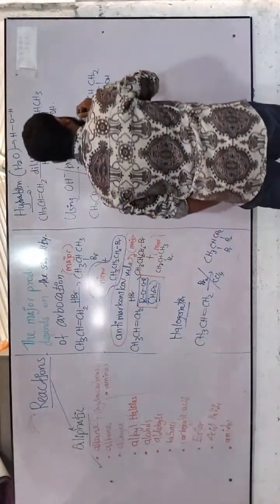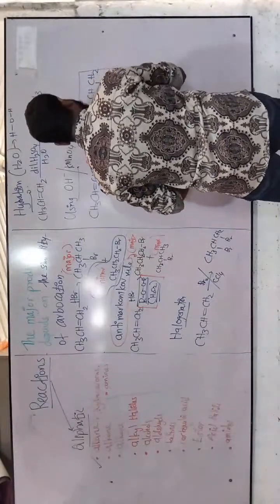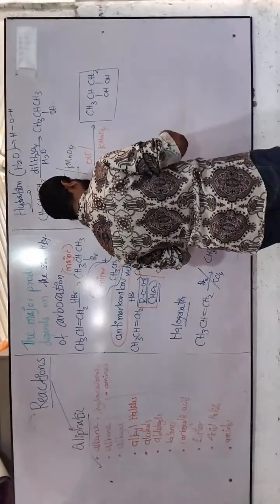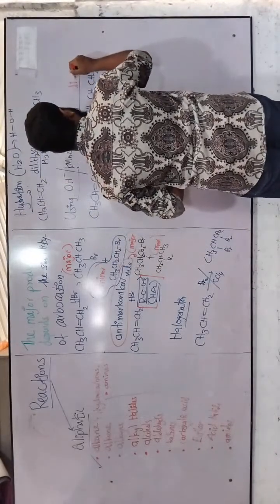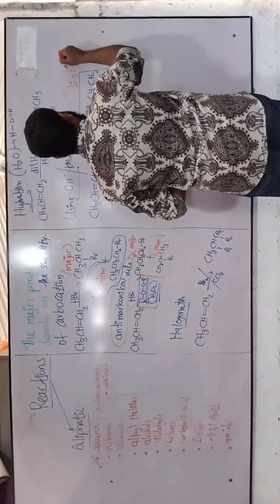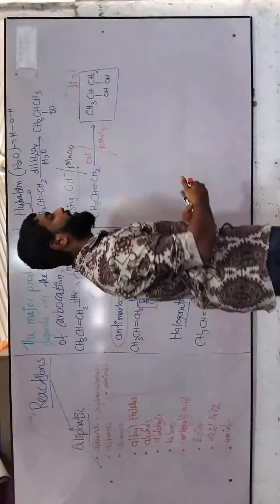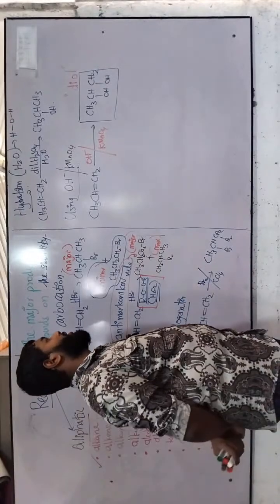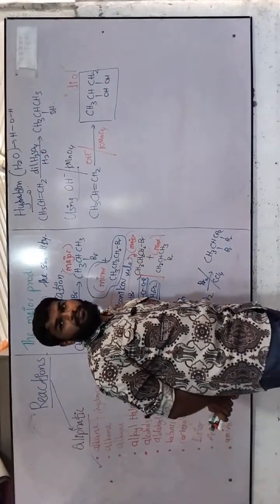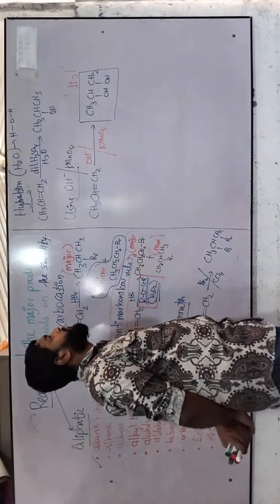This compound is what we would call a diol. Diol means there are going to be two alcohols here. So we have a diol in this case. Understood?